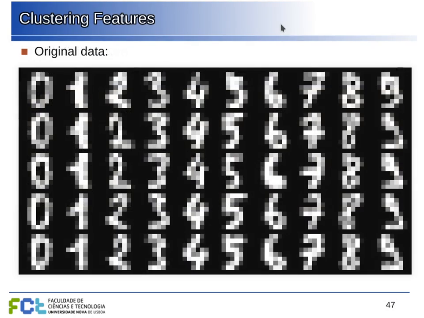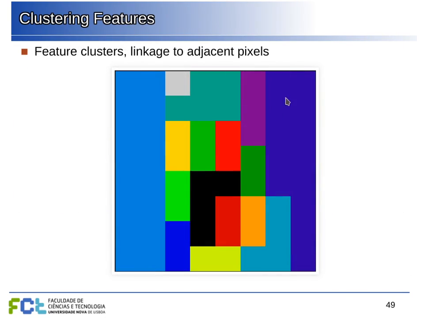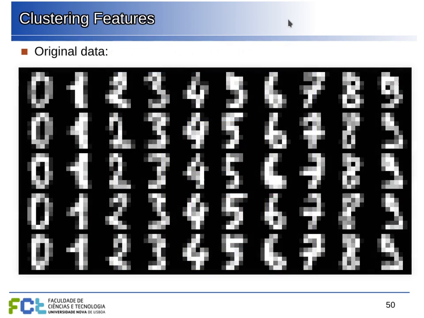And this makes sense because these pixels tend to be mostly black because they fall outside the region where the numbers are written. And then we have other regions here. For example, on this side, we also have a large number of similar pixels, probably for the same reason. And then we have different clusters here inside because the numbers are changing and some of these features apparently are important. But the result is that we clustered the 64 different pixels into 16 groups of similar pixels when considering the whole data set.